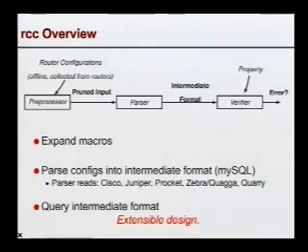I'm not going to show you that in the demo that I'm about to show you. Once that pre-processing happens, we take a clean version of the Cisco or the Juniper configuration and parse it into an intermediate format. And that's going to be basically MySQL database tables. So it's going to be a nice abstract representation of here are my sessions, here are my route maps, here's what my network looks like, if you will.